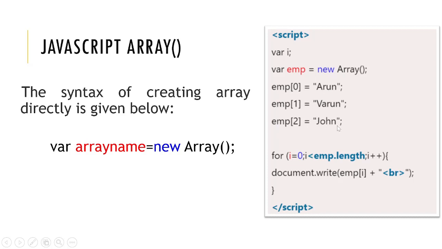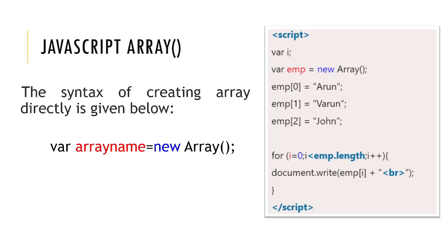This is the second method: var, the array name, equal to new Array, and then we can assign the values to it. This is just to initialize the values, or in programming you can dynamically assign the values. This is one of the best methods, or I prefer this method to create an array, and later you can assign the values dynamically. Later we'll see an example for that.